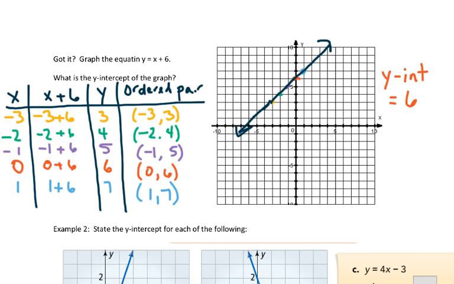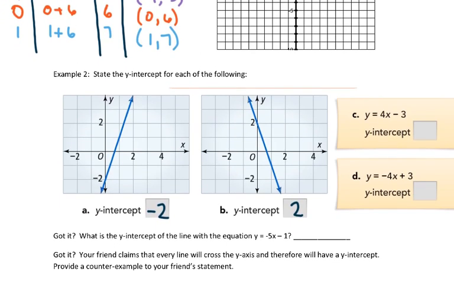If we come down here, if we rewrote this problem, y equals 4x minus 3, I could write it as y equals 4x plus -3. Remember, minus signs are keep, add, opposite. So we keep the 4x, we add instead of subtract, and we take the opposite of 3, -3.